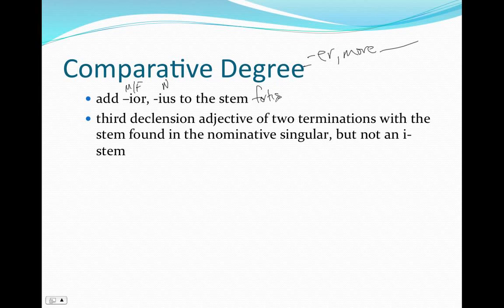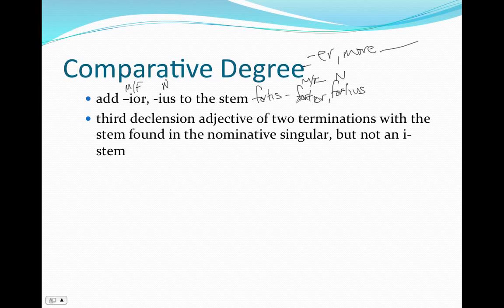If we want to say stronger, we'll take our stem, fort, and add -ior, fortior for the masculine and feminine, and fortius for the neuter. Fortior, fortius. And it's going to decline like a third declension adjective of two terminations. So fortior, there's going to be our masculine and feminine, and fortius, there's our neuter.